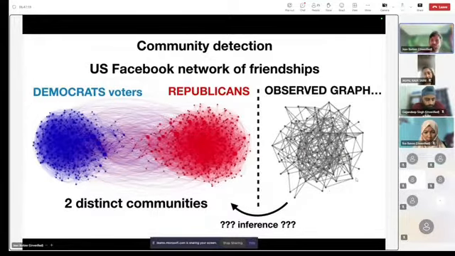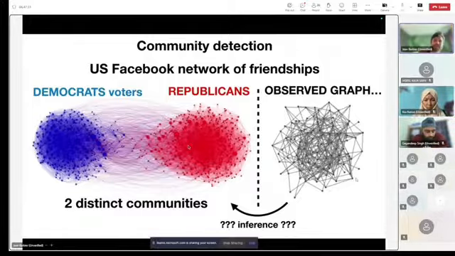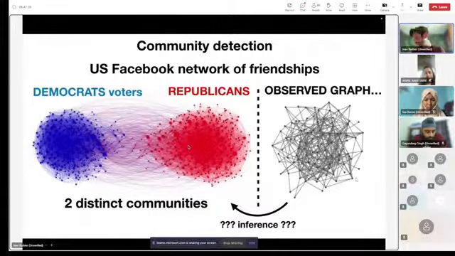And the task would be to infer back who is voting for who. Actually, these kinds of techniques were used to bias the American elections some years ago. There's been this scandal with Cambridge Analytica that was used by one of the two parties.